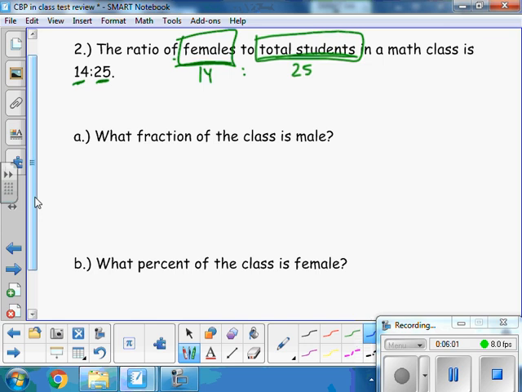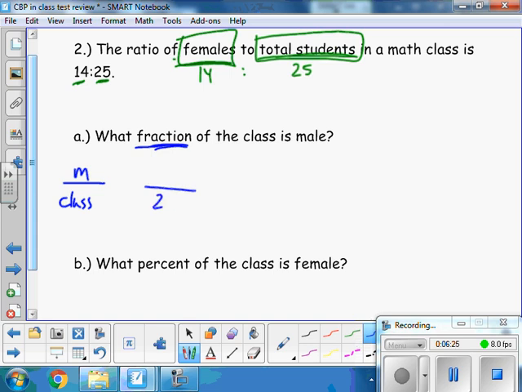All right, you tried. Let's see. What fraction, which is actually a ratio, of the class is male? Fraction is going to tell me it's a part to whole. So I'm going to do male over the whole class. What do I know? I know that there are 14 females in a class of 25.